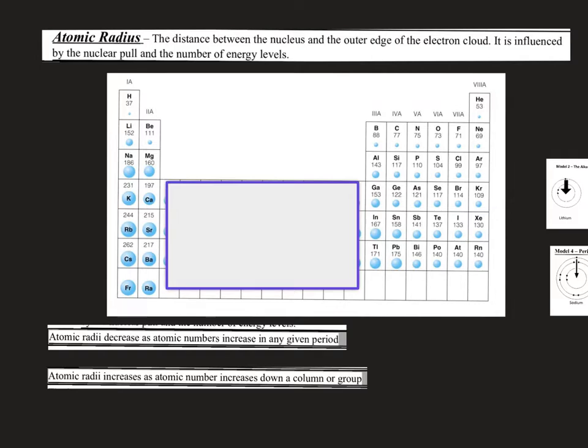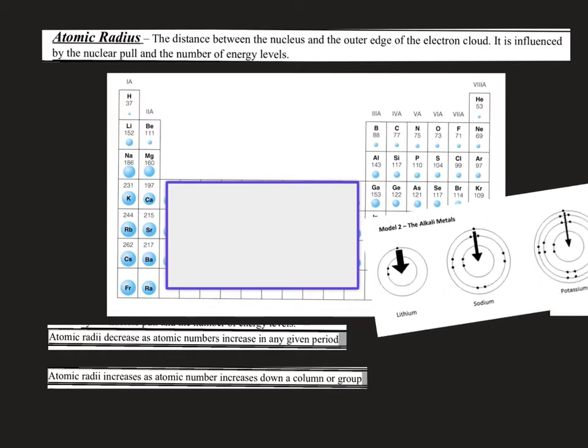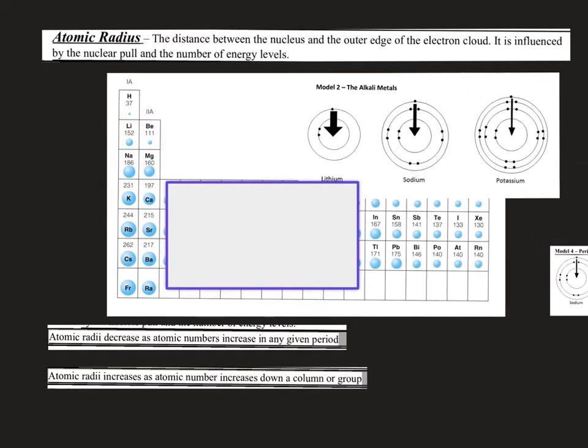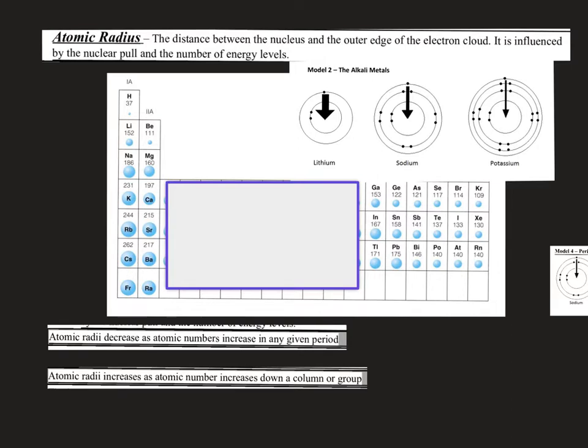So to look at the pictures that we just saw in the last slide, this is representing your group 1. So again, group 1 right here. This is lithium, sodium, potassium. Remember, these are getting bigger as we move down the group because of layers.